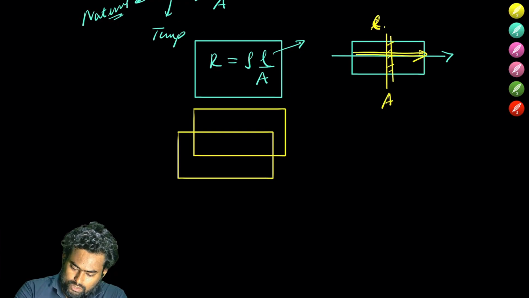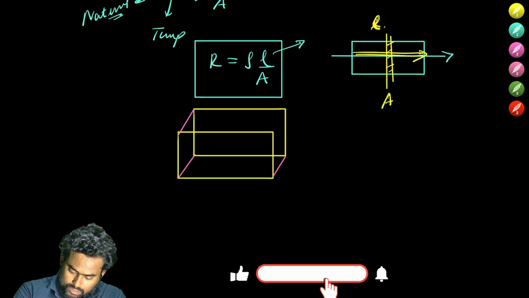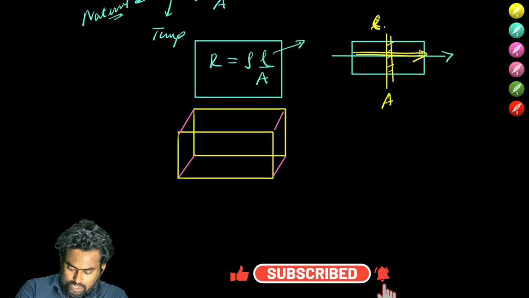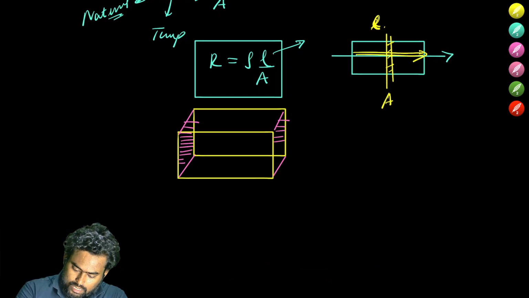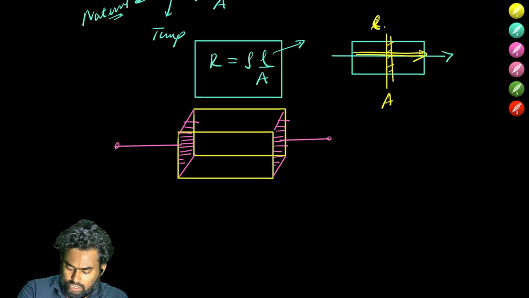Suppose we have a conductor like this. Suppose we connect this end and this end with a battery. They will ask you what is the resistance across these ends.